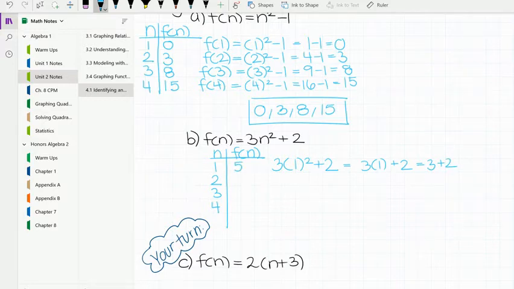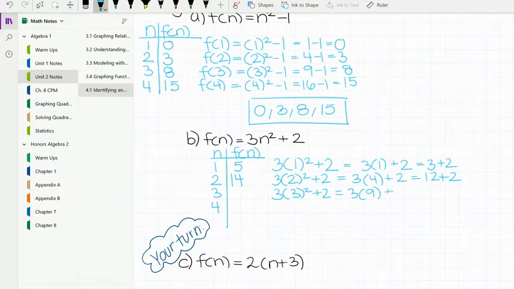And then we keep going. So this would be 3 times 2 squared plus 2, and 2 squared is 4, so 3 times 4 is 12, plus 2 is 14. 3 times 3 squared plus 2 is 3 times 9 plus 2, which is 27 plus 2, which is 29.